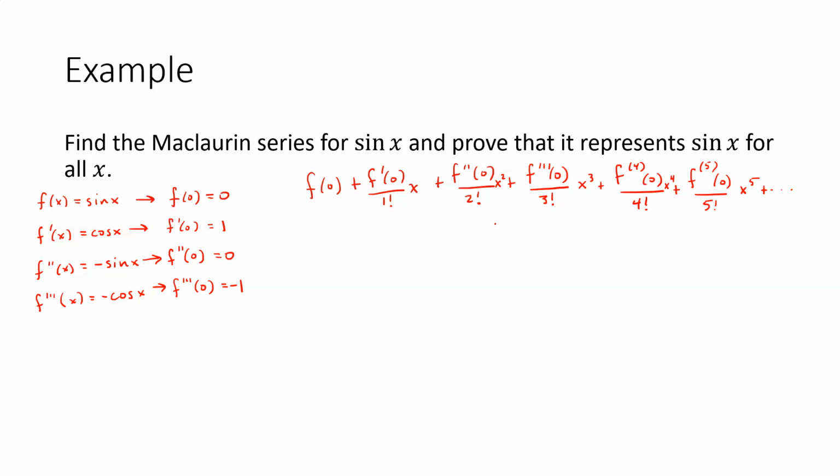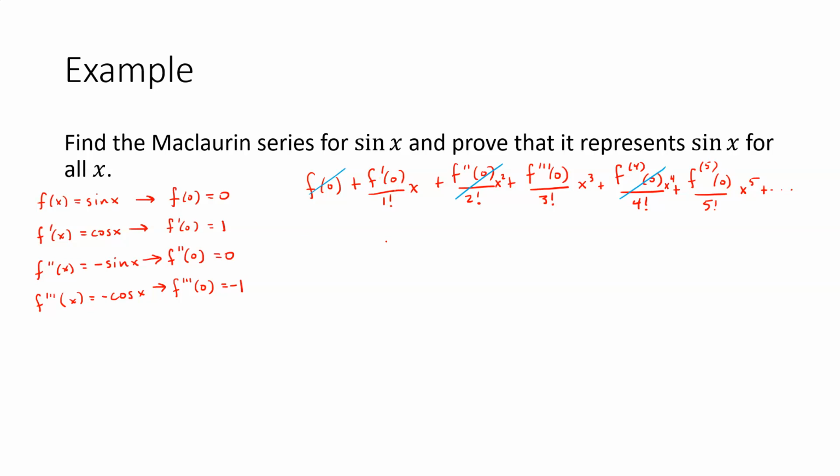Okay, so let's write out what it would be. We know sine of 0 is 0, so this term is 0. And notice that all the ones that have even powers will be 0, right? Also the fourth derivative will be the same as sine of 0. Sixth derivative would be the same as negative sine of 0, and so on. So we're just left with these odd power terms. And of those odd power terms that remain, they're going to alternate between 1 and negative 1.